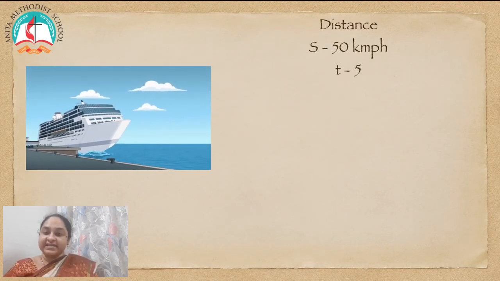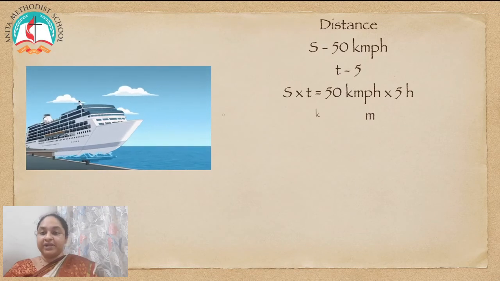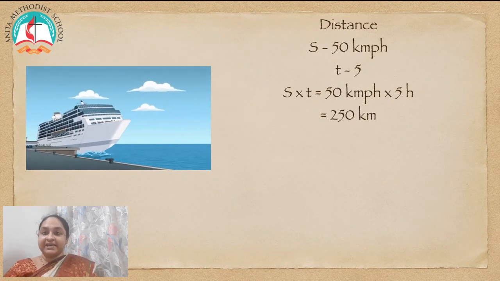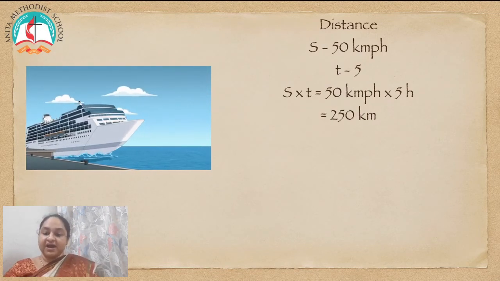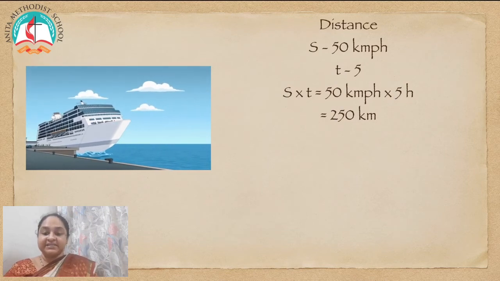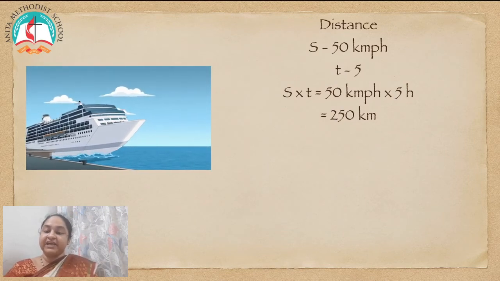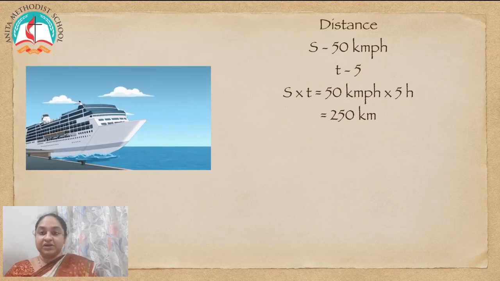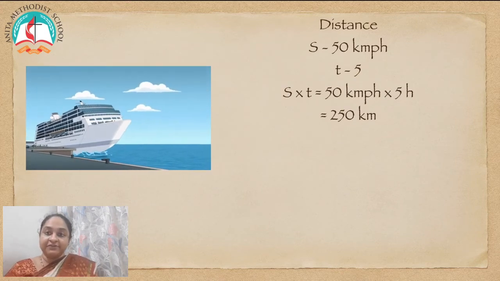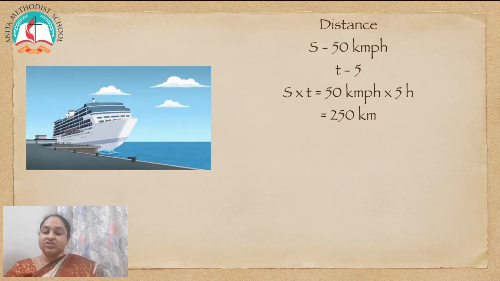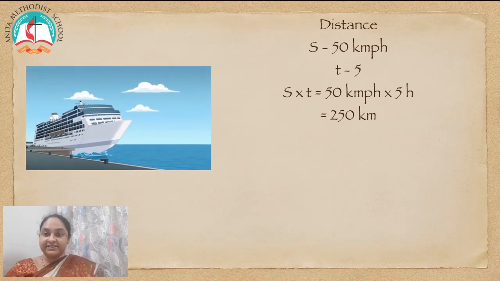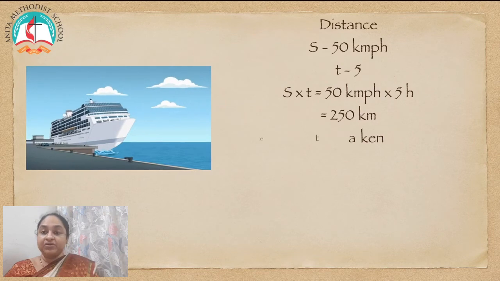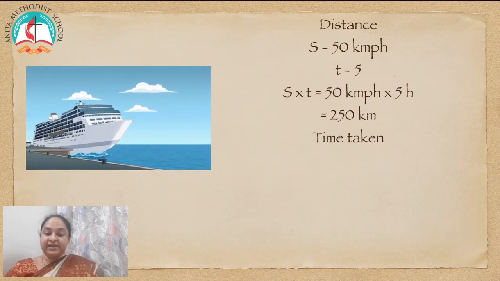So, S is 50 kilometers per hour, t is 5 hours. Therefore, S into t will be 50 kilometers per hour into 5 hours, which is equal to 250 kilometers.